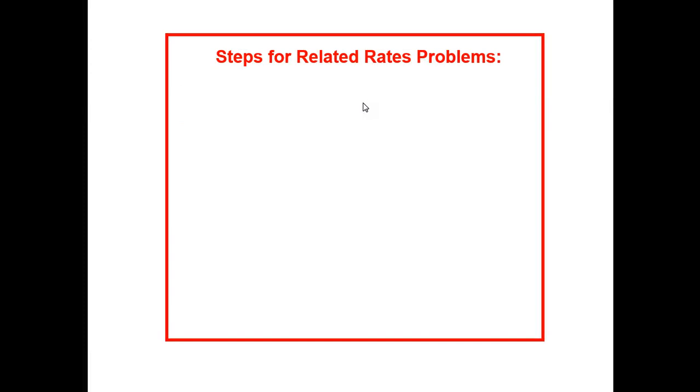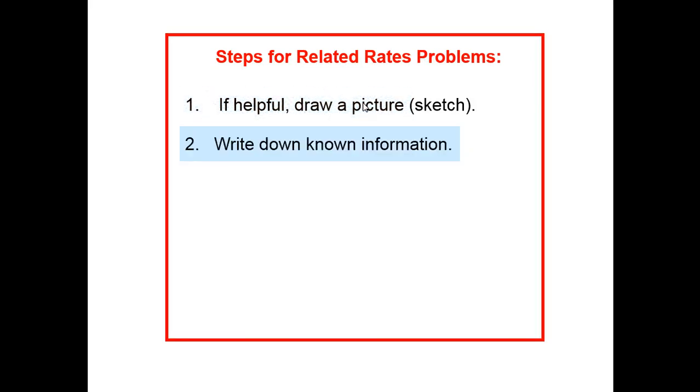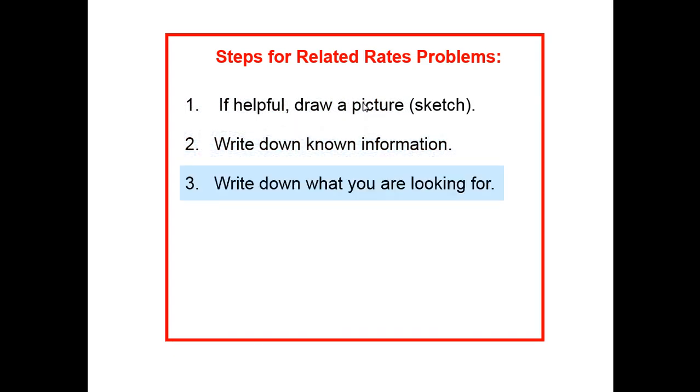So some steps for solving related rate problems. If it's helpful, draw a picture. Didn't do it in the last example, but in the next one you'll see it's going to be helpful. Write down what you know, what they tell you. Did they tell you dV/dt? Did they tell you dr/dt? Did they give you a time? Write down what you're looking for. In the last example, we were looking for dr/dt.